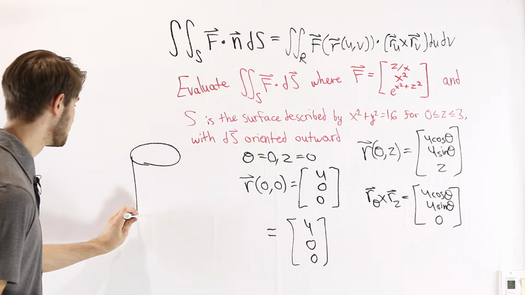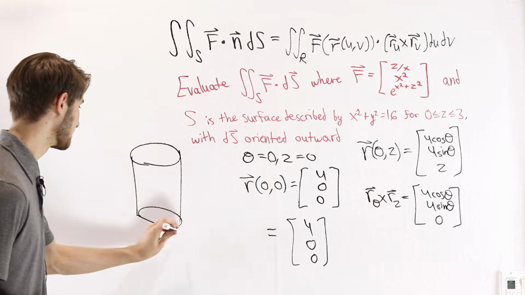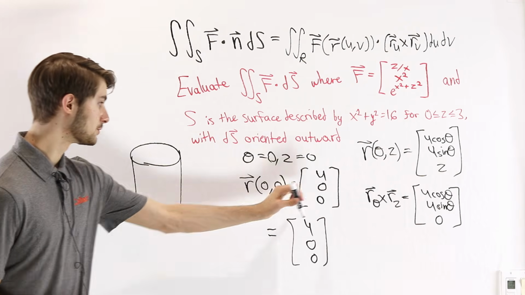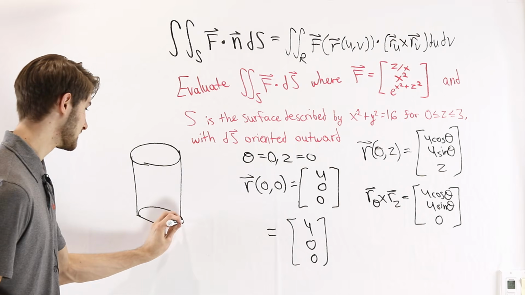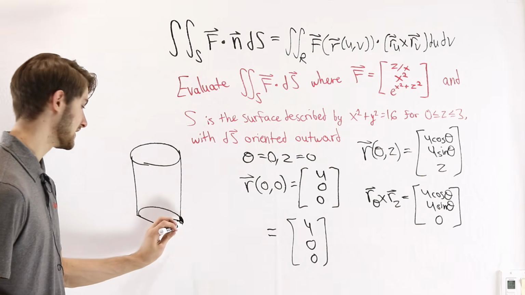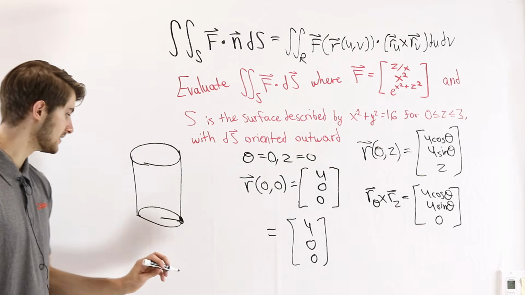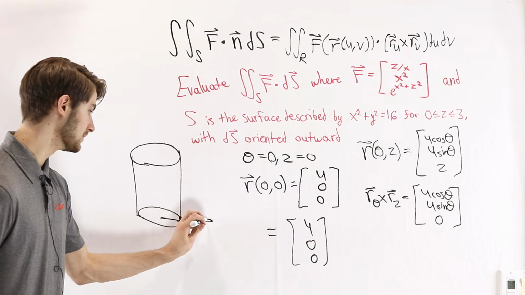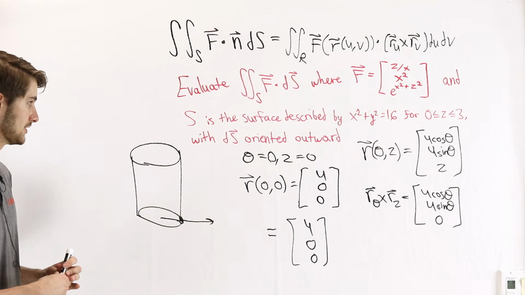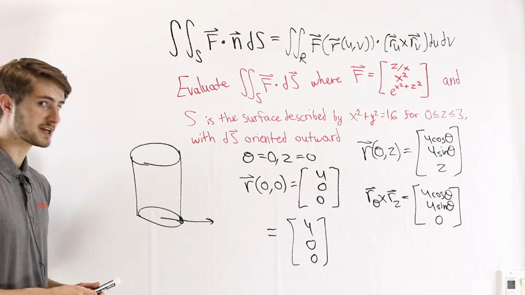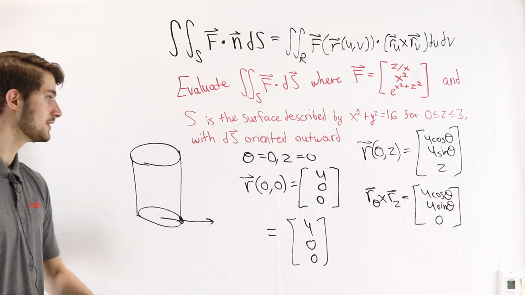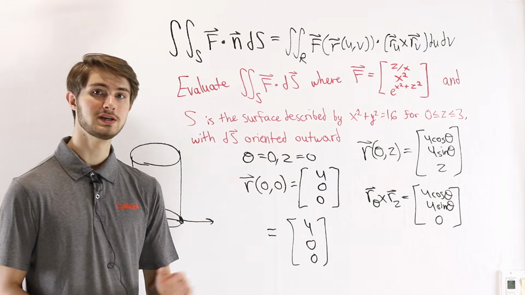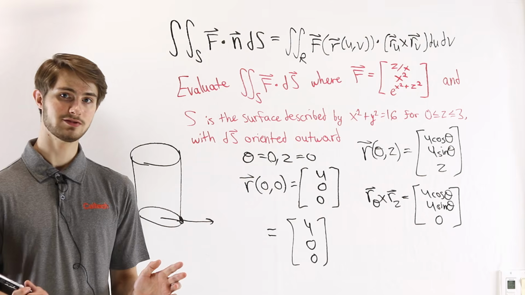So we're looking at a surface that looks something like this. The point 4, 0, 0 is going to be at the bottom here in the positive x direction. And the normal vector is going to point outwards in the positive x direction, which means that this normal vector is indeed oriented outward. So this normal vector is the one that we need. We don't need to take the negative.